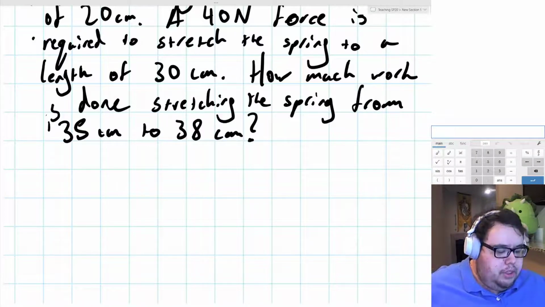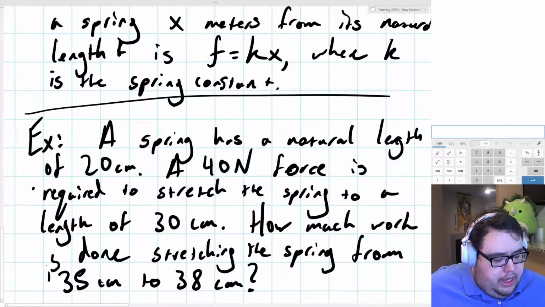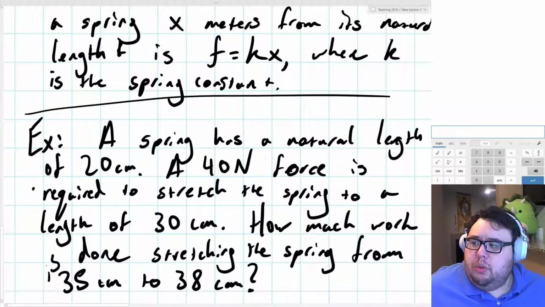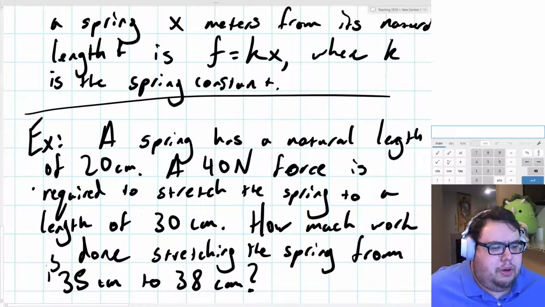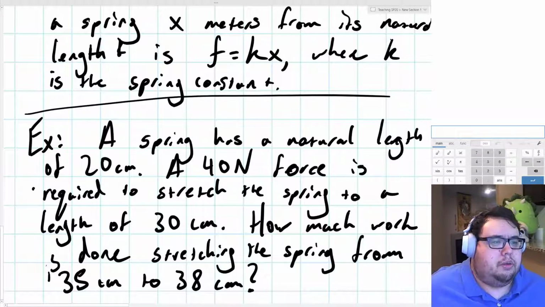So the first thing I want to note with this problem is that Hooke's law has to do with meters, and in general, we want to be working with meters in this situation. If you don't bother converting, you'll get the wrong answer, because instead of your work being in newton meters, it'll be in newton centimeters.